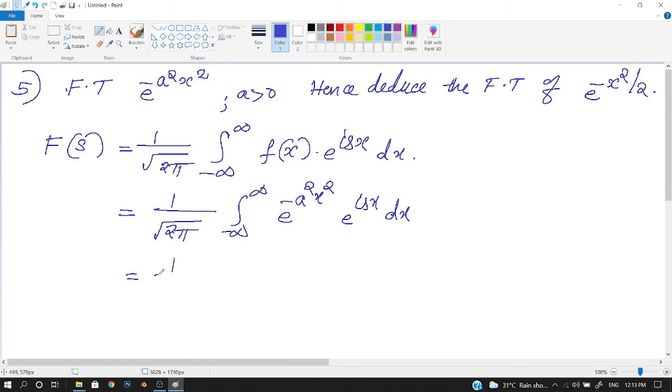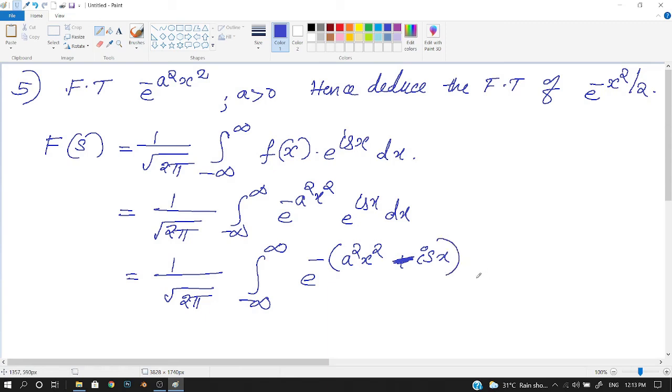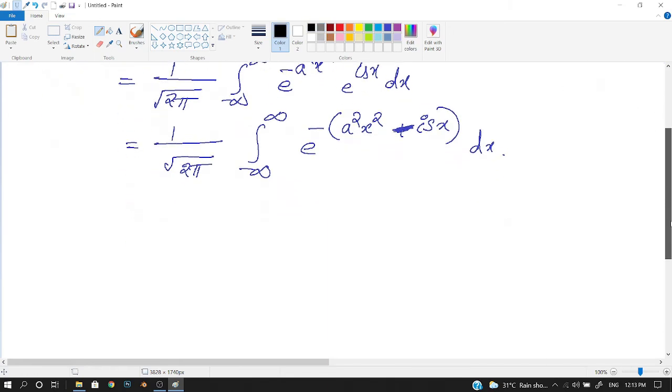Now this is the same as 1 by root 2 pi integral from minus infinity to infinity e raised to minus of a square x square minus isx into dx. Now here we are making a small rearrangement.